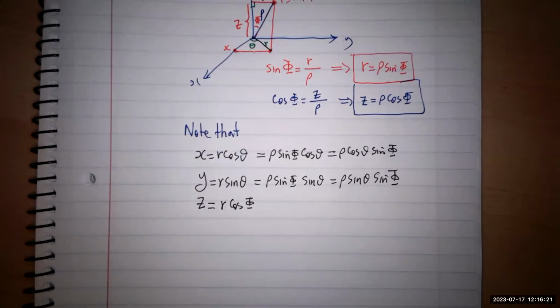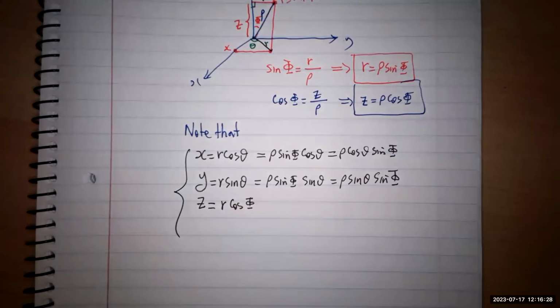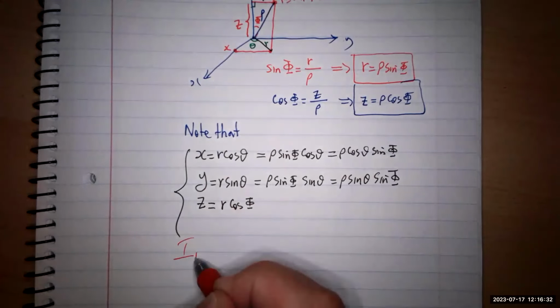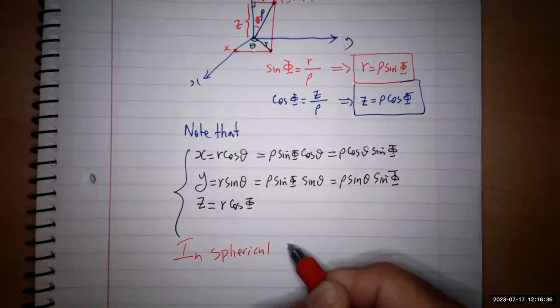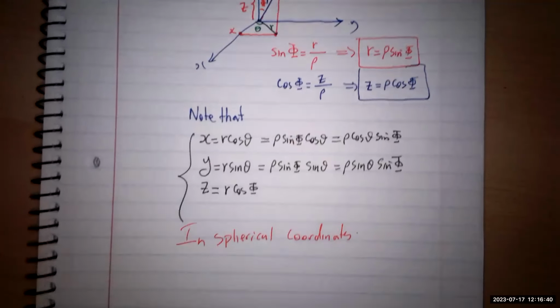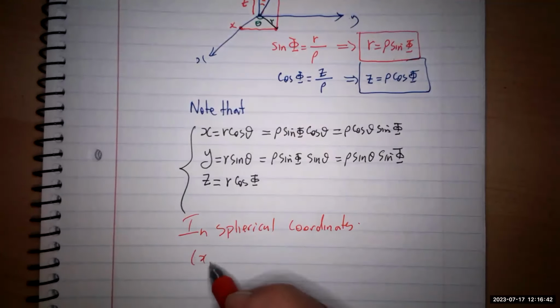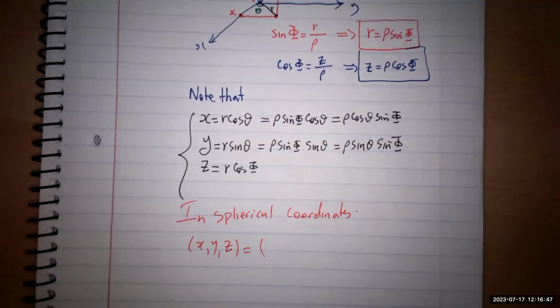Okay, so basically, what we did in the case of the polar coordinate, this is it in spherical coordinates. So this is what we have. We have the x, y, z in the rectangular coordinate, and it's going to be changed into this format.